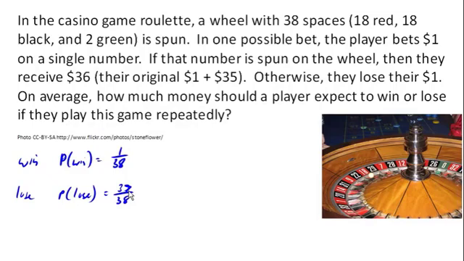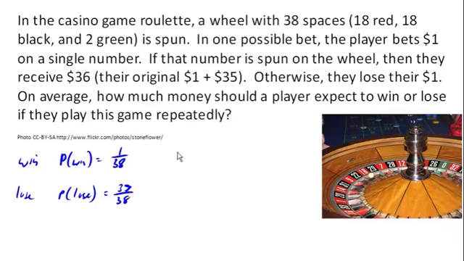Now, to compute this idea of expected value, we're talking about your expectations, and we compute that expected value by multiplying the probability of winning times the value of winning, and subtracting from it the probability of losing times the value of losing.